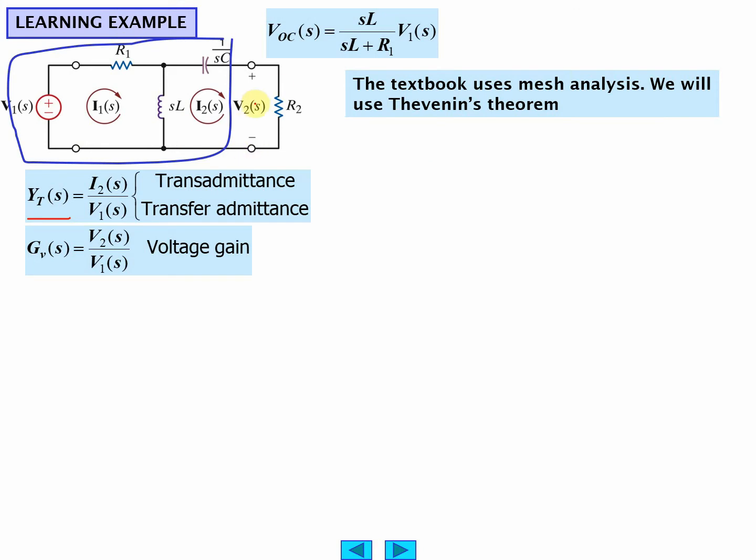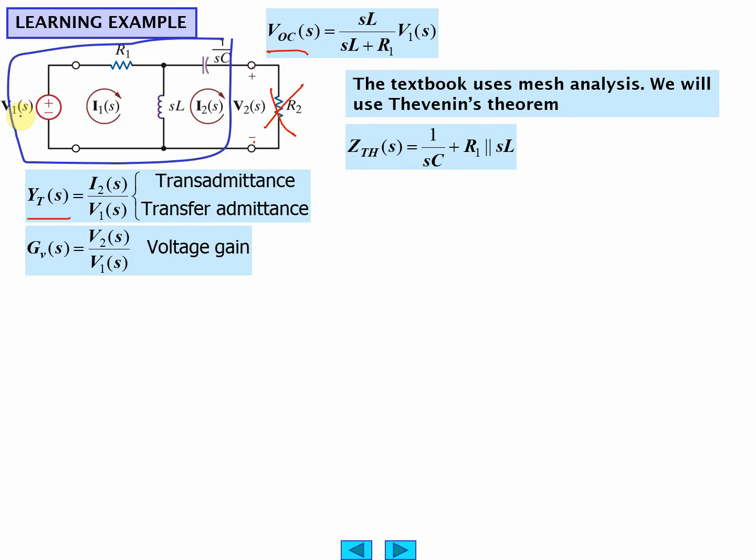The first point to note is the VOC between this point and this point without the R2. It's just going to be this impedance divided by the sum of these two, that's right here, times the V1. So that's not too bad.